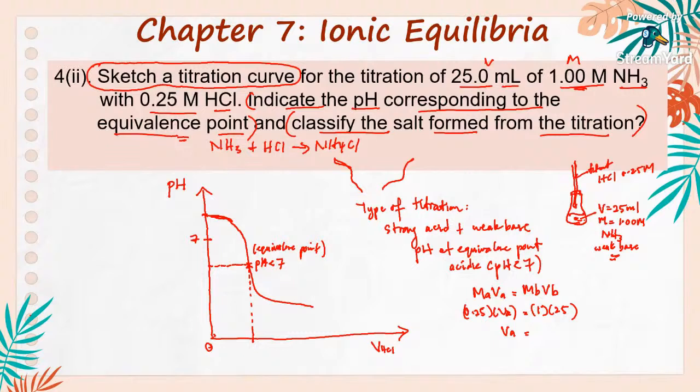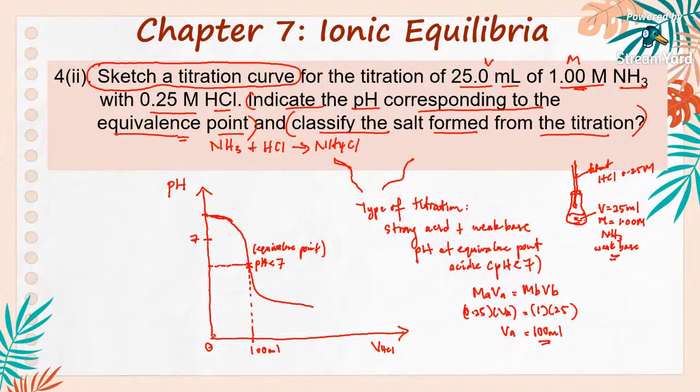Here the acid concentration is 0.25, and we want to find the volume. Molarity of the base is 1 and 25 ml, so your volume of the acid will be 100 ml.